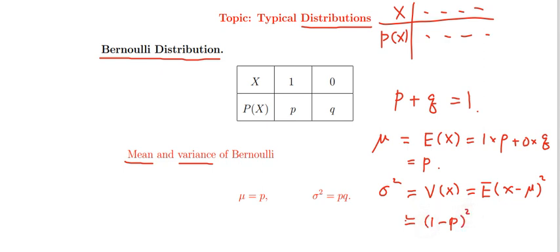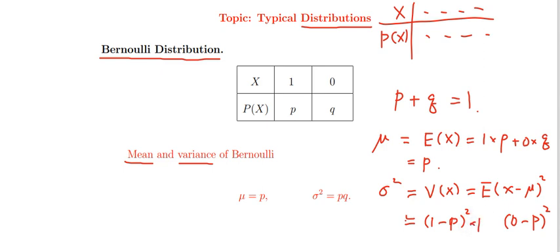Or x can be 0, so 0 minus p, squared, right? The E means we need to multiply by the probability.